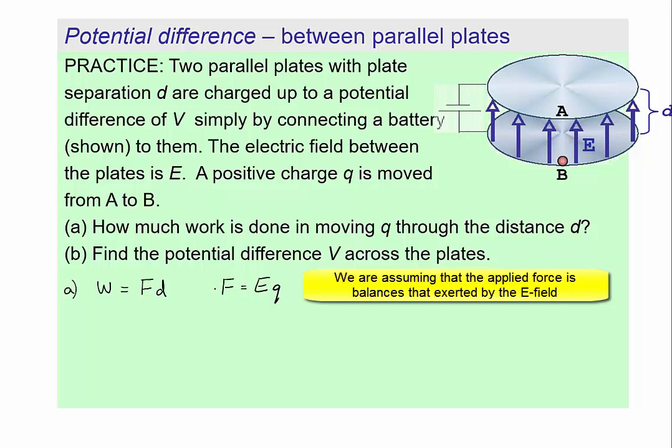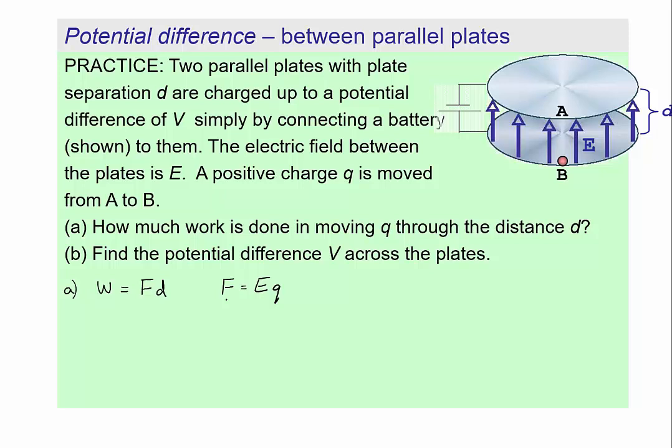So the force due to the electric field will be constant. So all we need to do now is substitute that force F into that equation there. So we're left with work equaling electric field strength times the charge times the distance. And that gives us the amount of work done in moving that charge through the distance D between the plates.